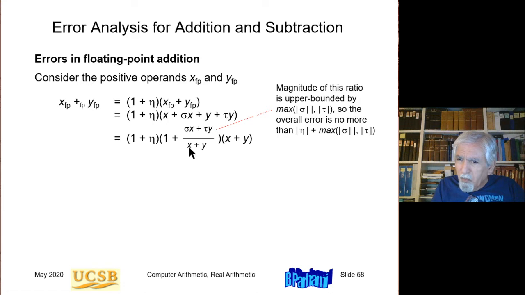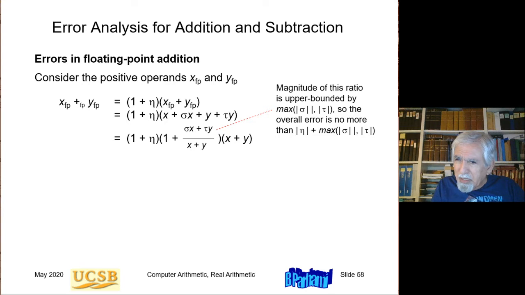Well, if x and y have the same sign, if x and y are positive, let's say, and sigma and tau are roughly the same, or I take the larger, so let's say sigma is the larger one, and then I replace tau with sigma, this only increases this fraction, so it gives me an upper bound on the error.